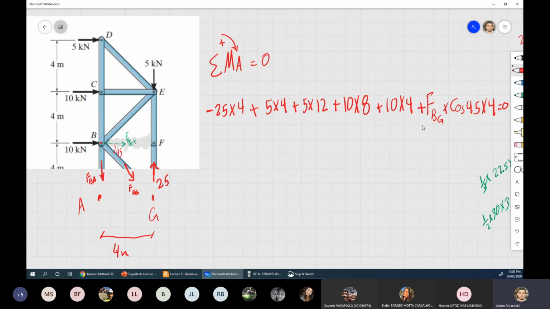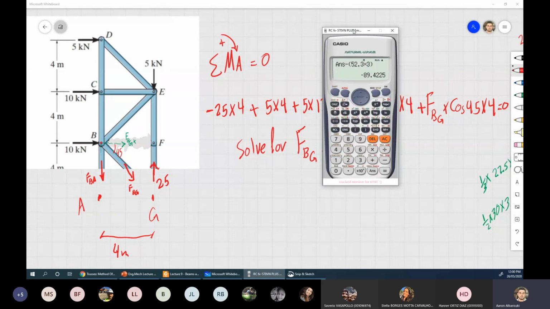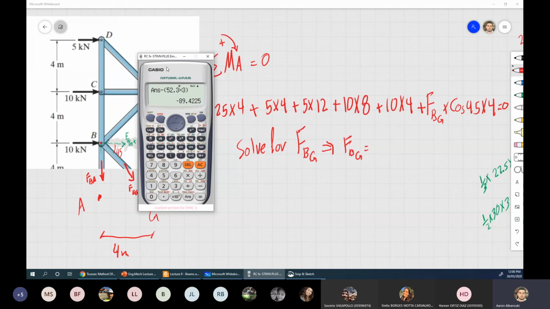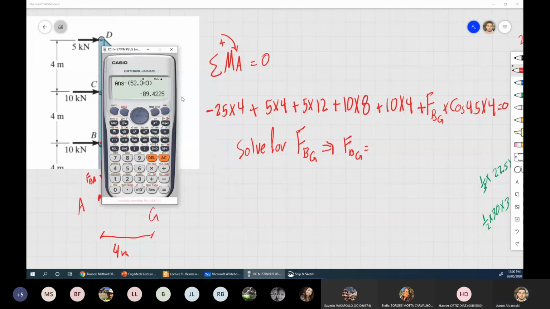If we solve here for FBG, that means FBG equals all of those together, multiplied by a negative sign, because I'll move all of those to the other side, divided by 4 cosine 45. So let's do it.